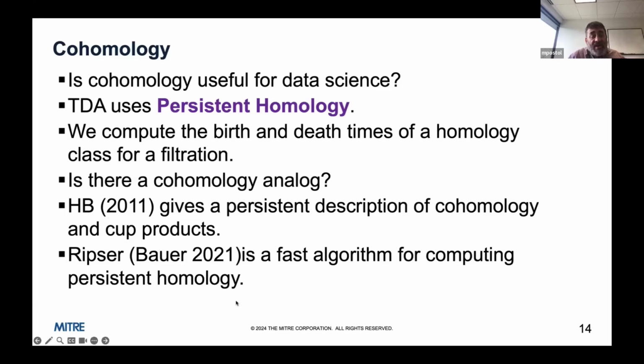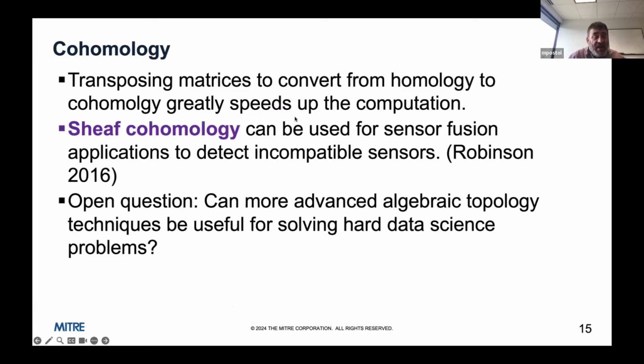But Ripser, which is a fast algorithm for computing persistent homology and very popular now, really depended on cohomology. You transpose the matrices to convert from homology to cohomology, and it actually speeds up the computation a lot. So this was useful for that.